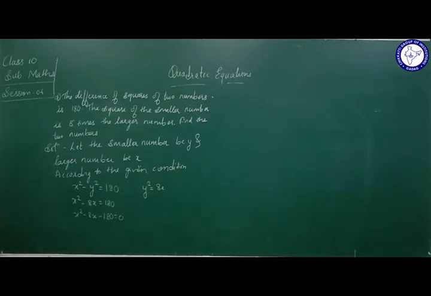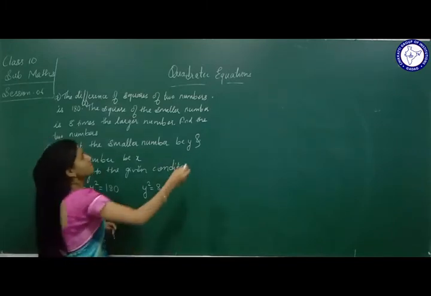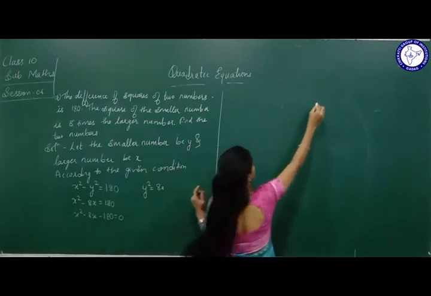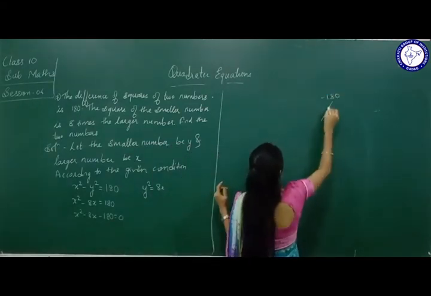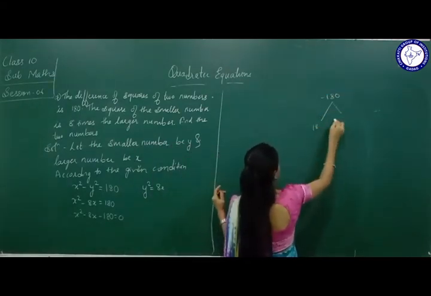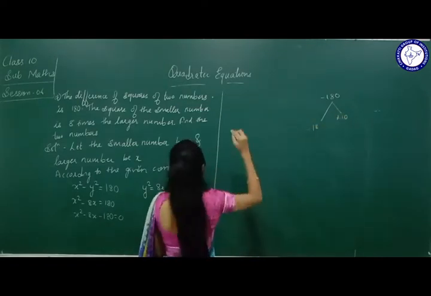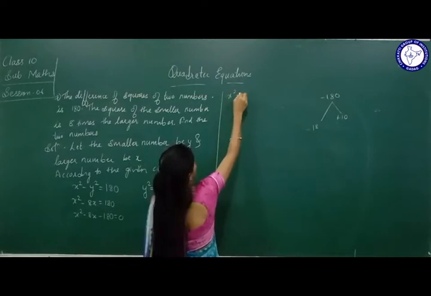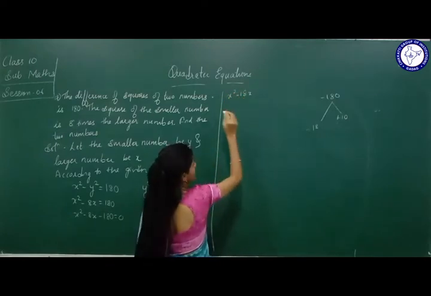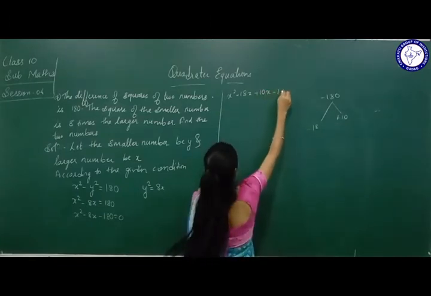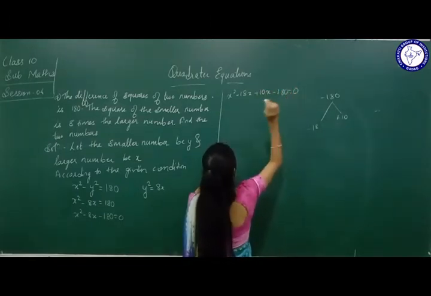Solve this using the splitting method. We have minus 180, that is 18 into 10, minus 18 plus 10. So it's nothing but x square minus 18x plus 10x minus 180 equals 0.